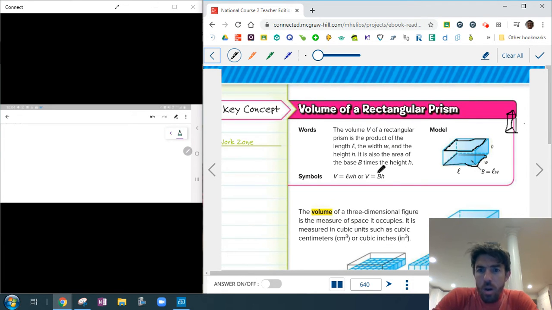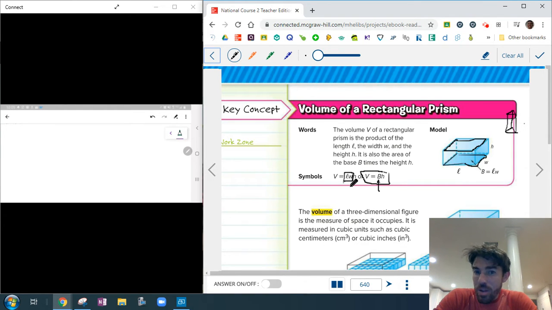Now we're going to talk about how to find volume. You've heard this a bunch in the last couple of videos: if you can find B, which is the area of the base, then you just extend it with that third dimension of height, and you get the volume. Here they took out the big B and replaced it with LW. What is that LW?